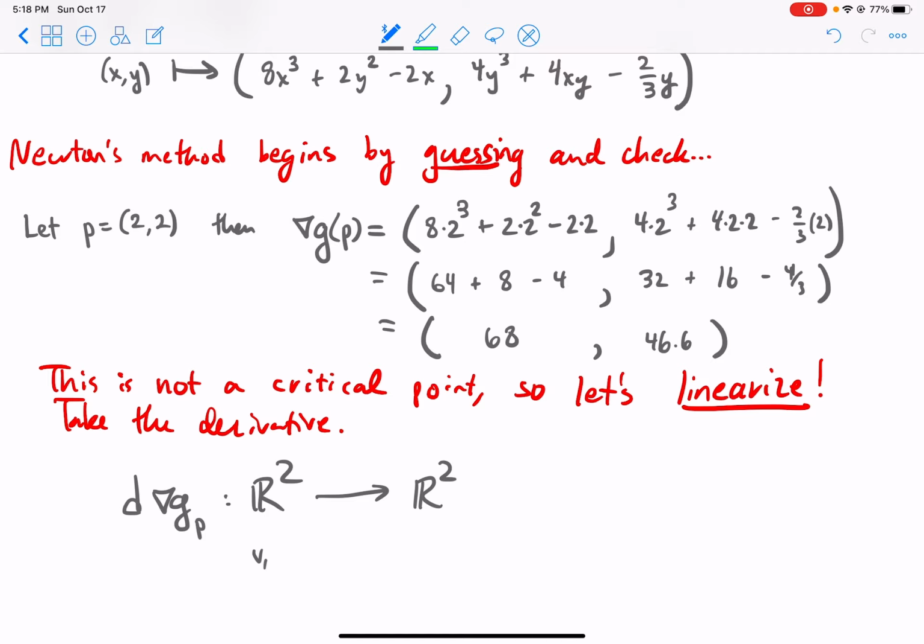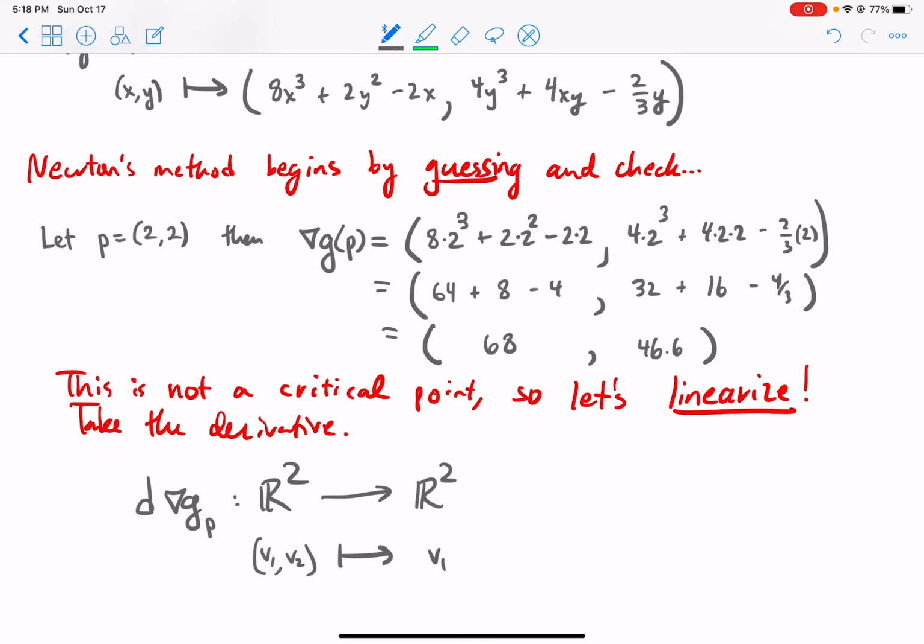It sends v1, v2 to something: v1 times, and now this is the first column of the Jacobian, so I take the partial with respect to x, and I get 3 times 8 is 24x squared, and minus 2.